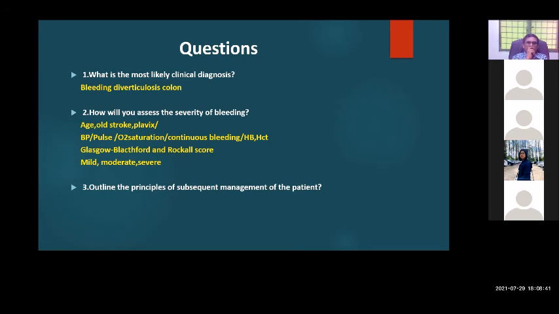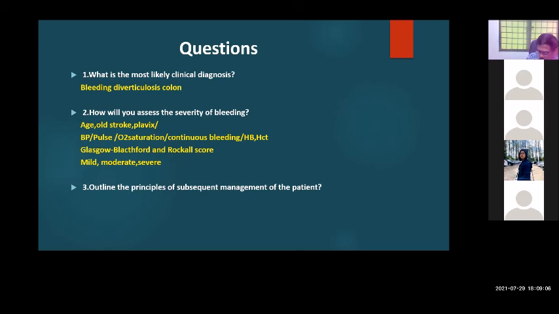In this case, I decided it is moderate. Maybe I will go for colonoscopy if the patient can wait for 1 day and has no continuous bleeding. If not, I will go for CT angiography.